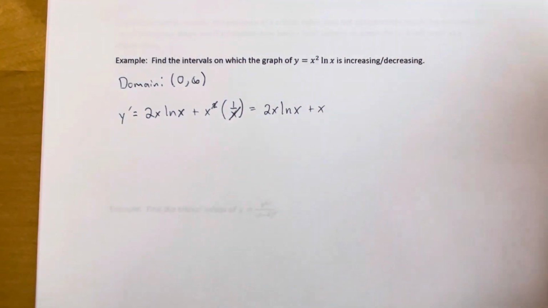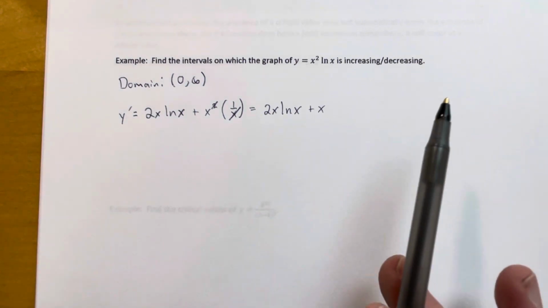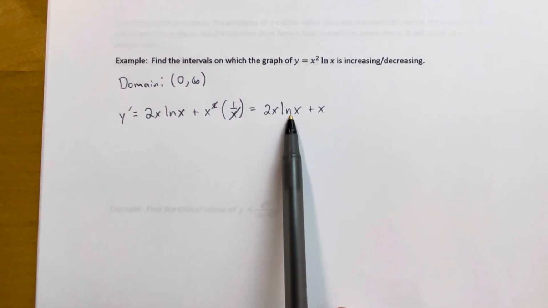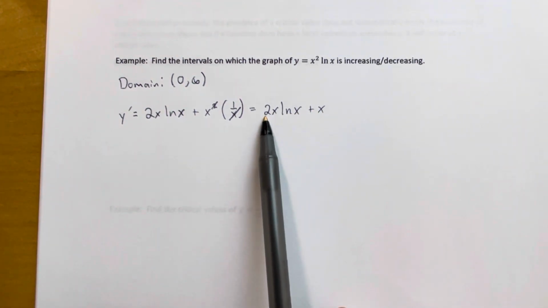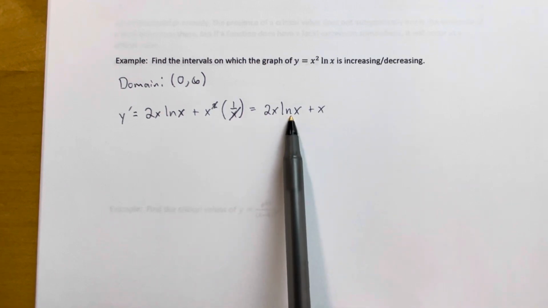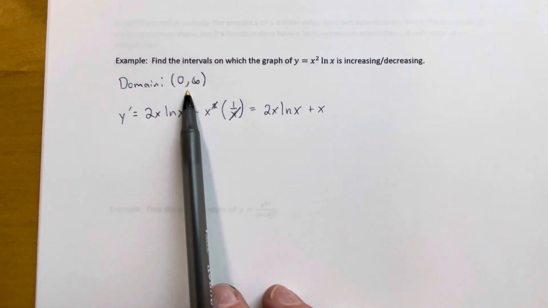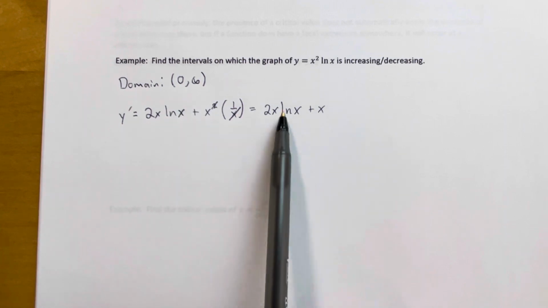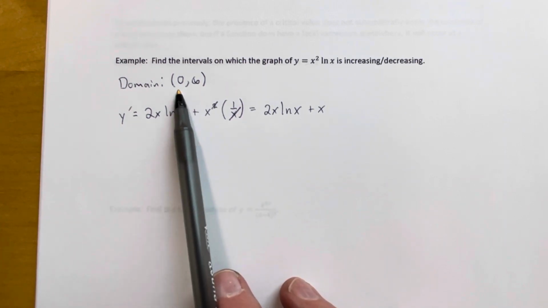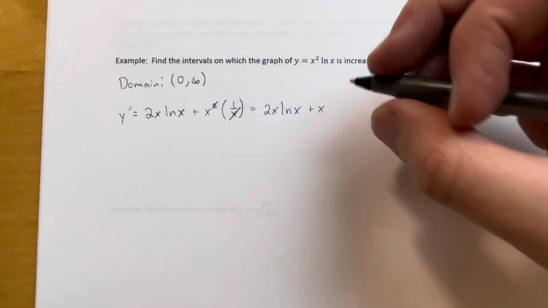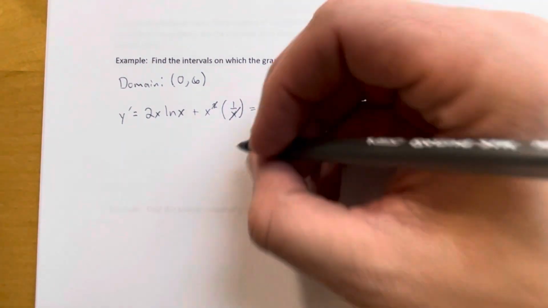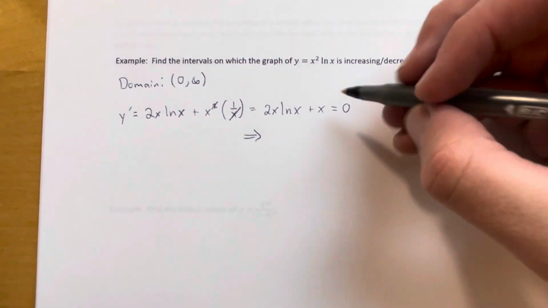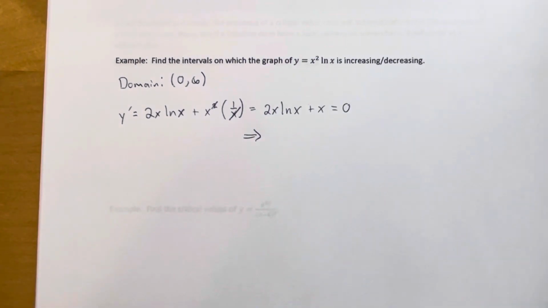And remember, we're looking for where this thing fails to be differentiable, but the only place it would fail to be differentiable is where this is not defined, and this is not defined for anything outside of this interval anyways. So we've already accounted for where this will not be differentiable in the domain itself. That means I really only care about where it's equal to 0. To solve this, this is a different equation.